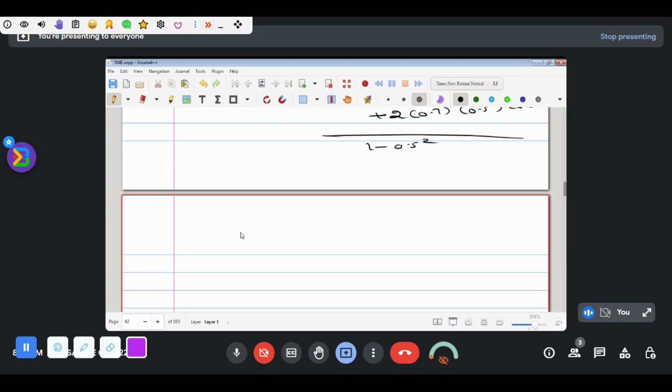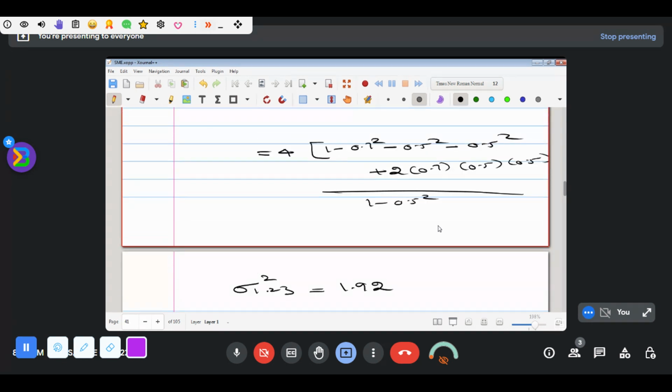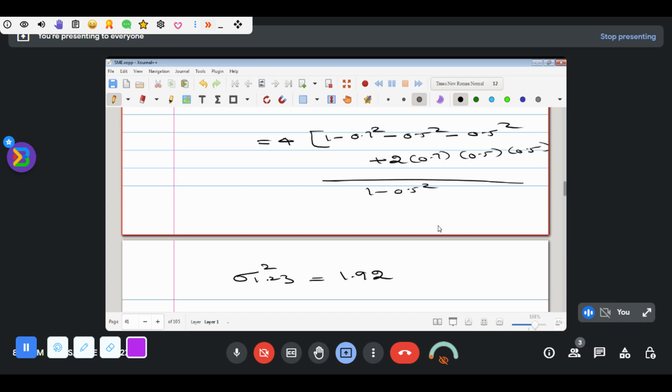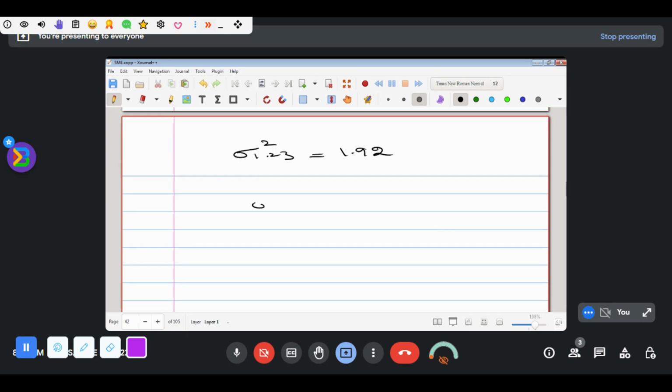To complete this calculation, sigma squared 1.23 equals 1.92, using a calculator. The end result is 1.92. Then taking the square root, sigma 1.23 equals root of 1.92. That value is equal to 1.385. This is the calculation of the variance of the residuals.